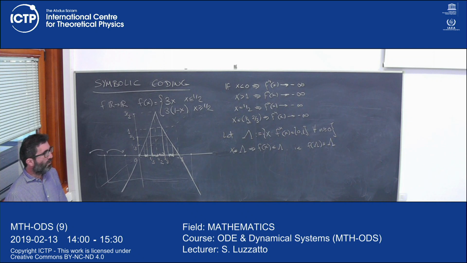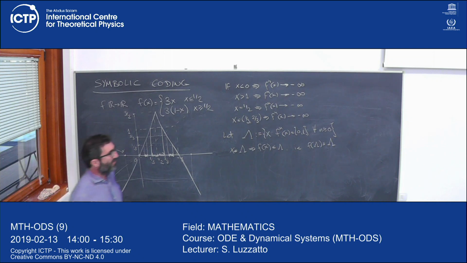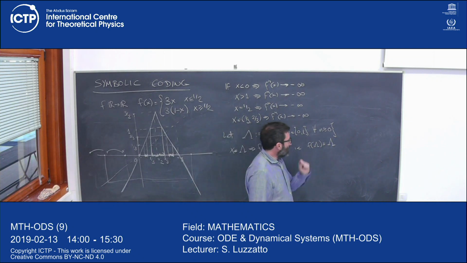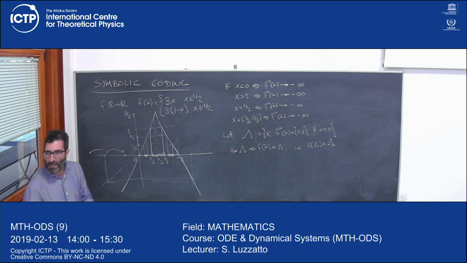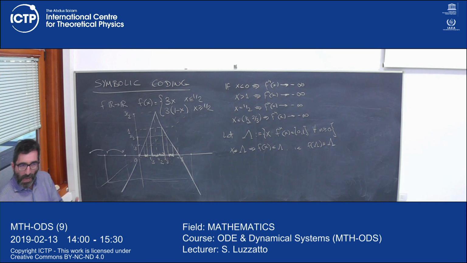So we want to study two things. The fact that it's an invariant set means that there is a well-defined dynamics restricted to Lambda. So we can say, okay, look at Lambda and look at the dynamics on Lambda, right? Every time, invariant sets play a crucial role, because an invariant set means that you can look at the dynamics on that set: you take a point on that set, it stays inside that set, so you can analyze what the dynamics is, okay?